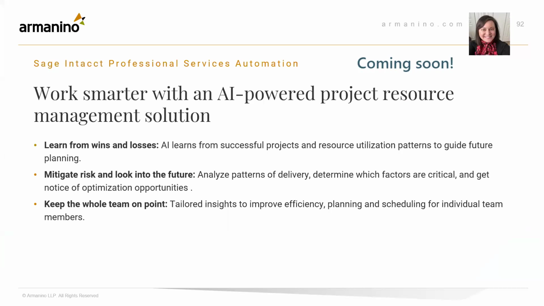Really will assist to mitigate risk, look into the future, help you plan out future projects better using the patterns of delivery, determining critical success and failure factors, and really help to optimize those opportunities. It really will help to keep the whole team on point, and tailoring their efficiency planning, scheduling for individual team members, et cetera. So this professional services automation with AI powered resource management will be coming soon.